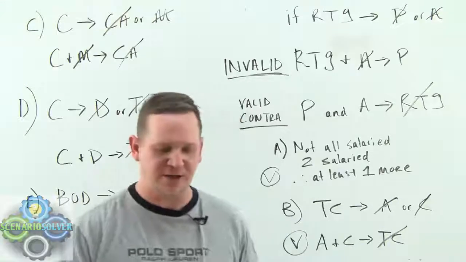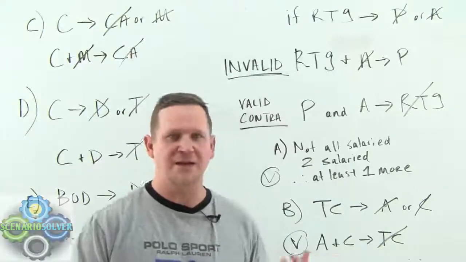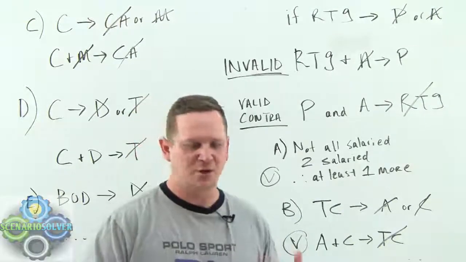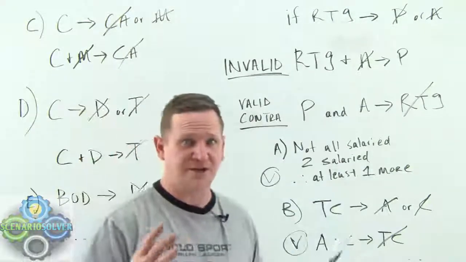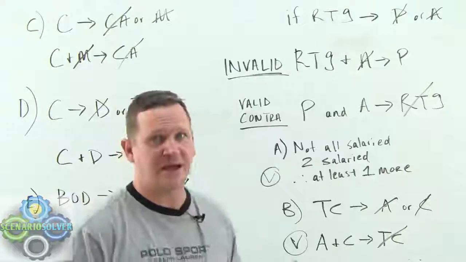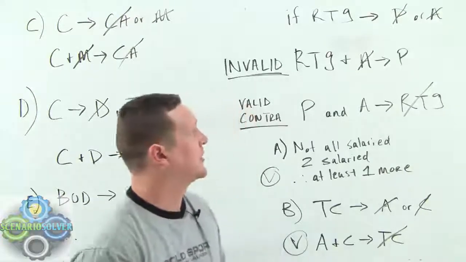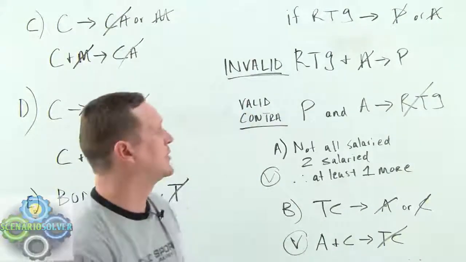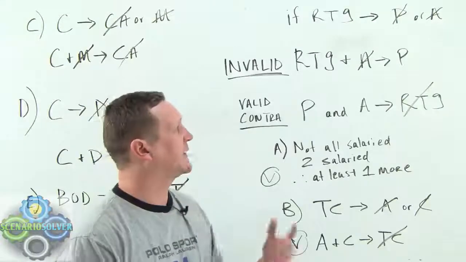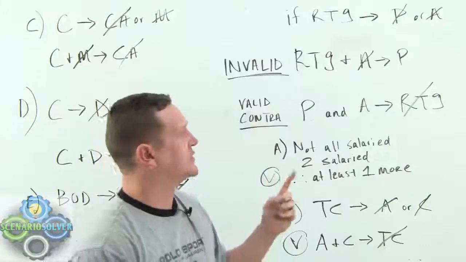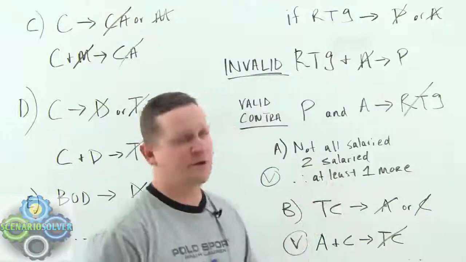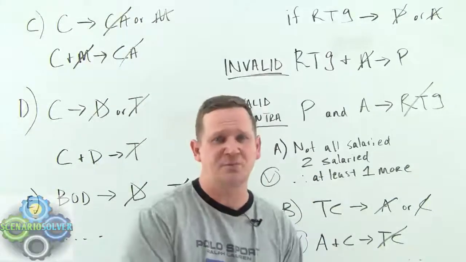What it modifies is performer and administrator. So what we have is RTG, then because it negates, not P or not A. And then what it concludes is we have a member of RTG that is not A, and therefore they have to be P.